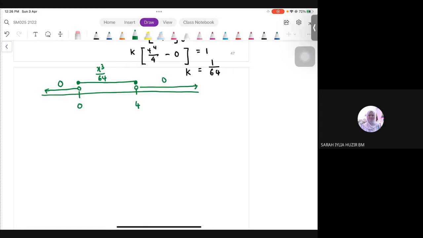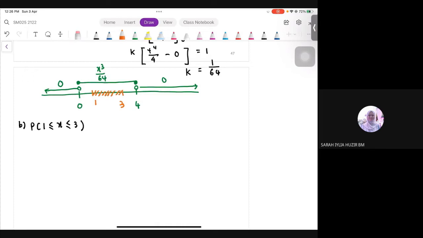Okay, so now we can find the probability. So, okay, part B, the question asks us to find probability from 1 up to 3. Okay, so based on our number line, 1 up to 3 lies in the same region, same function.